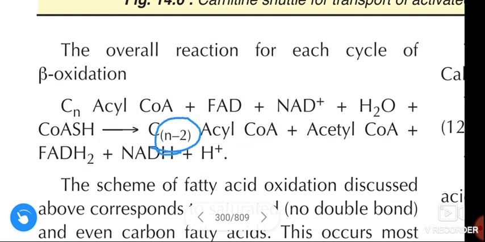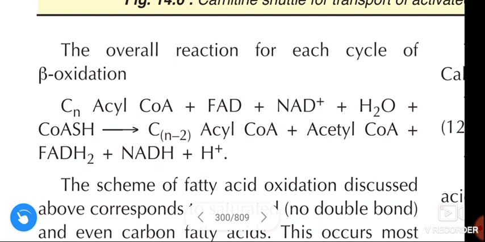See here, N-2 number of carbons, and the released 2 carbons are converted into acetyl-CoA. The carbons removed from the original acyl-CoA are converted into acetyl-CoA plus FADH2 plus NADH.